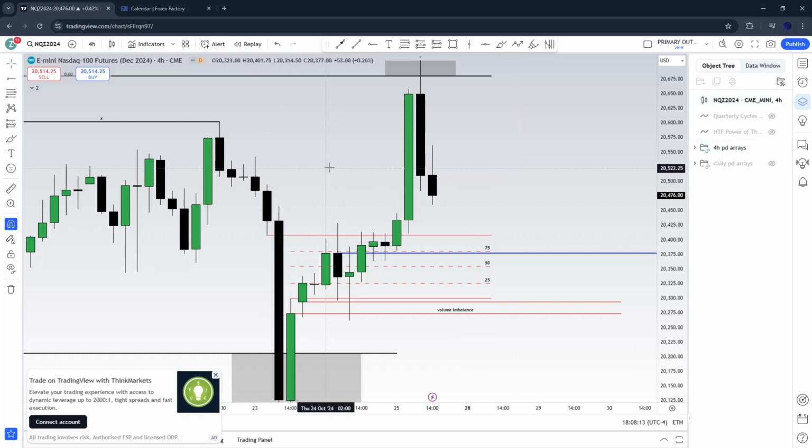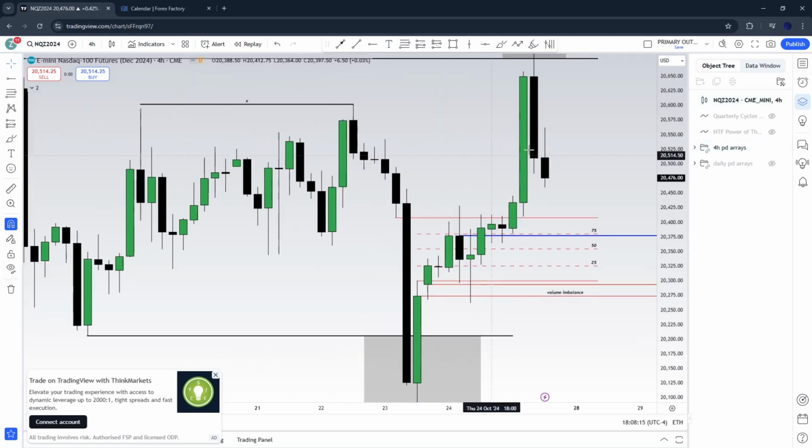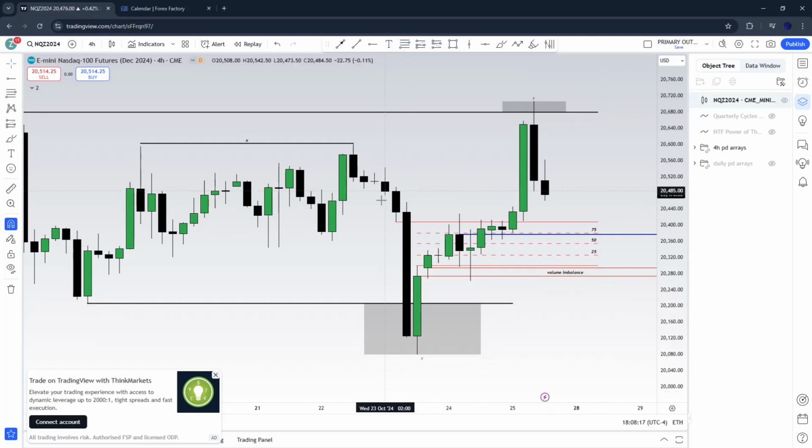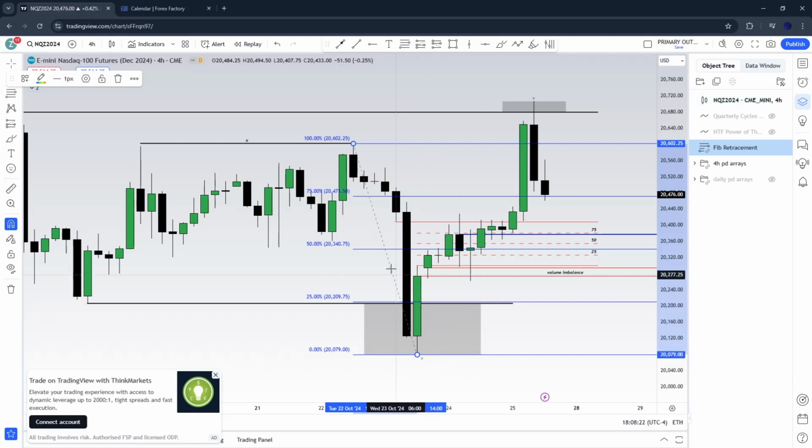This is a premium array relative to this range, or could even be sitting at equilibrium, perhaps. Okay, that's equilibrium. If you're familiar with the PD matrix, anything above equilibrium is viewed as premium. So we're finding that reaction in premium, right?